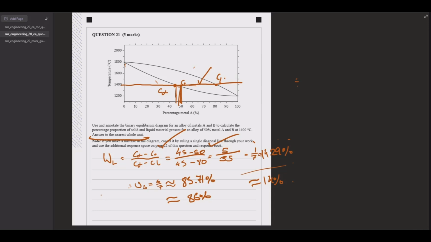It should just be work one out from the other, because you don't need to do the inverse lever rule again. You can just do one minus the other, because it has to add up to 100%. So that'll be the third tick. And so we've got 1, 2, 3, 4, and then it's another mark for this one here. That's 5 out of 5.